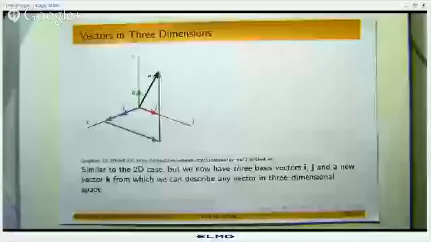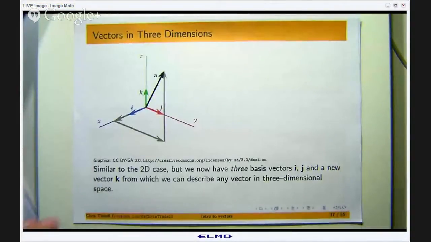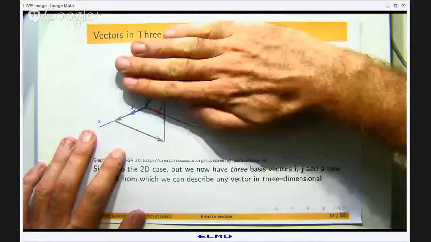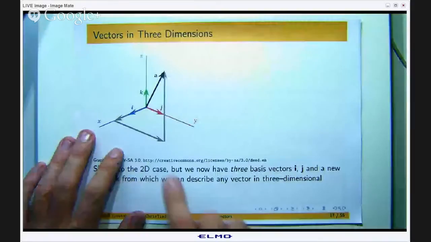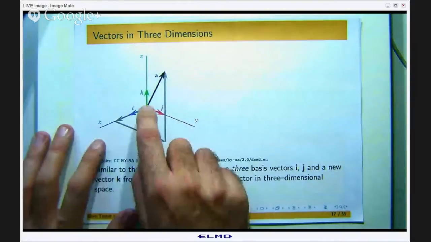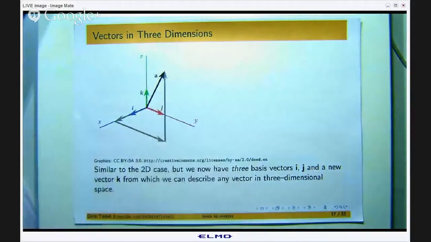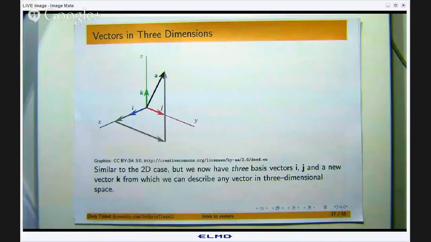All right, so vectors in 3 dimensions. Up until this particular video, we've been looking at vectors in the xy plane or in 2 dimensions. So we've had the basis vectors i and j, which are perpendicular to each other and point along the positive x and y axes respectively and have length 1.